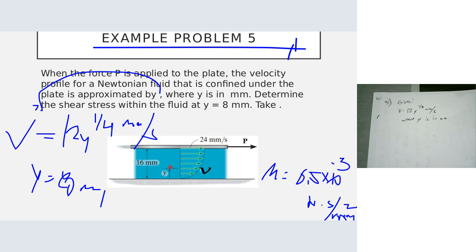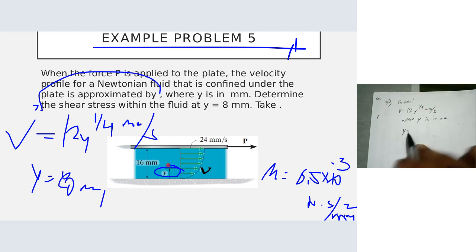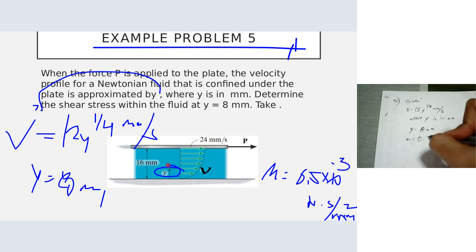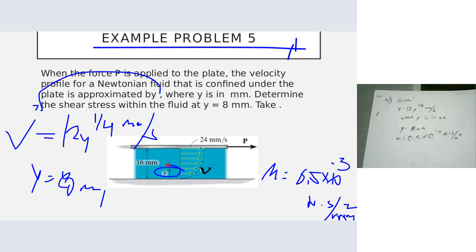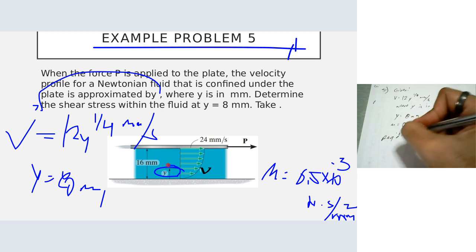And then we have y equal to 8 millimeters. And then we are given the viscosity, 0.5 times 10 raised to negative 3 Newton second per meter squared. Now, what's the required? The required is the shear stress.